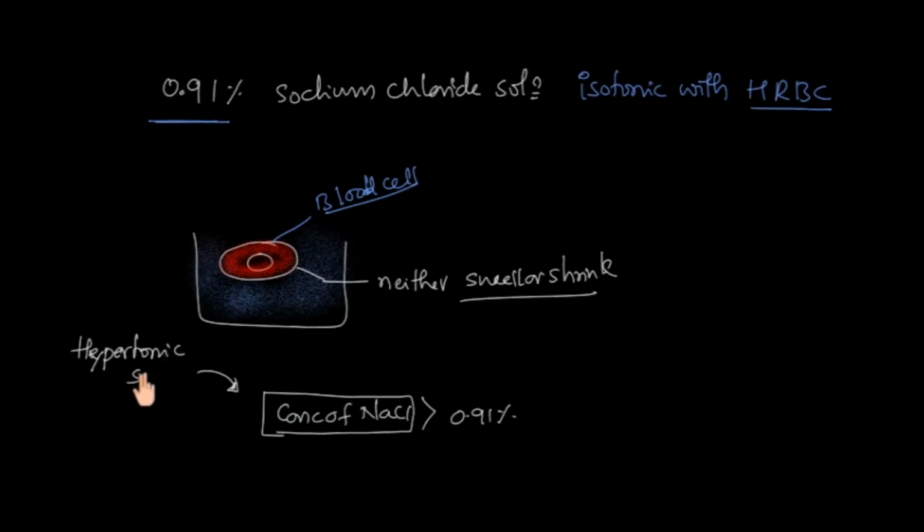If you put the blood cell in such a solution, water will flow out of the cell, and the blood cell shrinks and its size becomes smaller because water is removed.